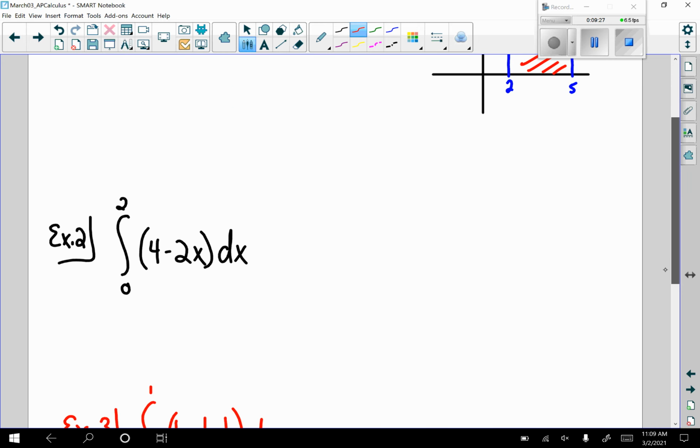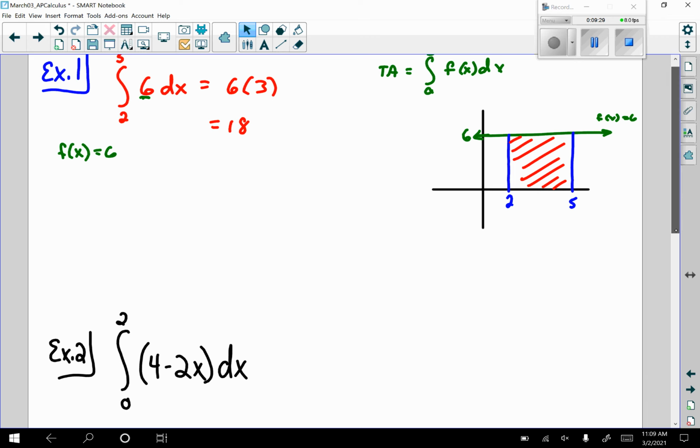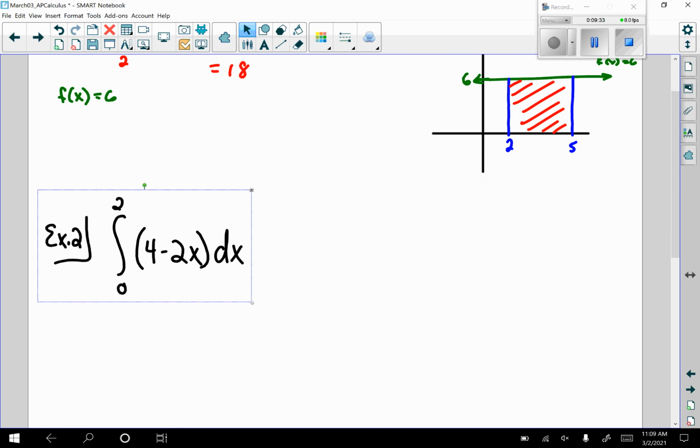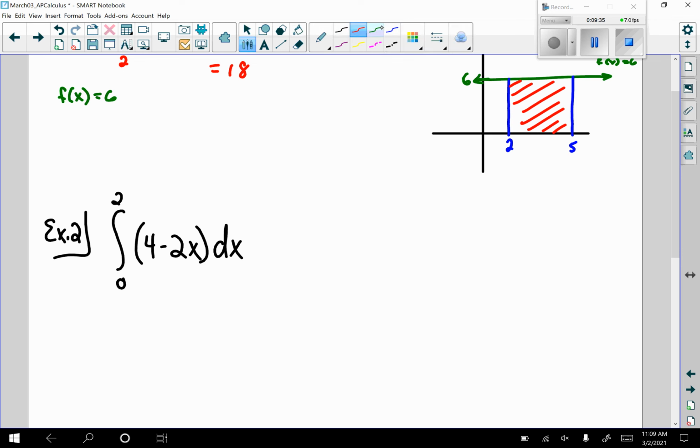All right, we're going to do the similar process for number 2. Here, our function is what? 4 minus 2x. So we want to graph this. And again, just a nice sketch.